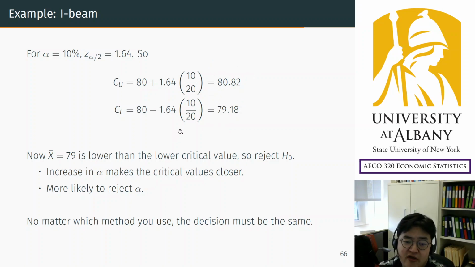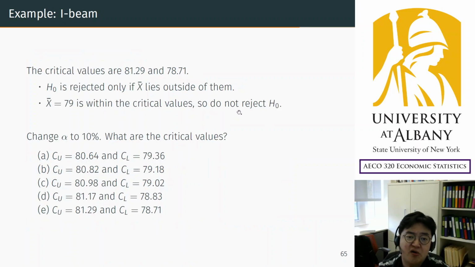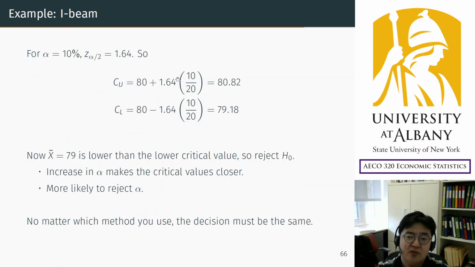So, in this case, when you change the significance level, what happened here is earlier the upper critical level was 81.29 and lower critical value was 78.7, but it is narrower now. So the margin was 1.2 something, but now the margin is only 0.82, less than 1 millimeter.